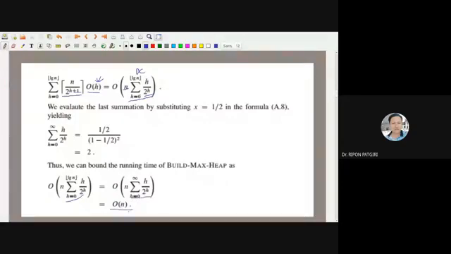So where have you stopped? Where have you not understood? You have understood this solution. Okay, you have understood how we have solved this problem.